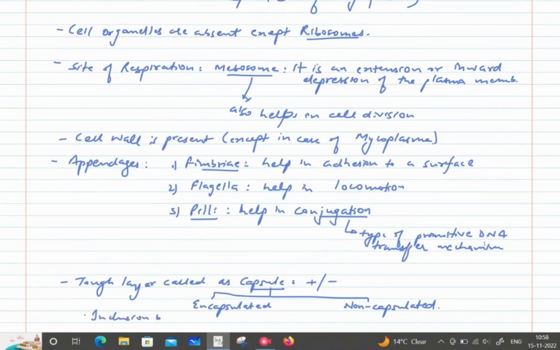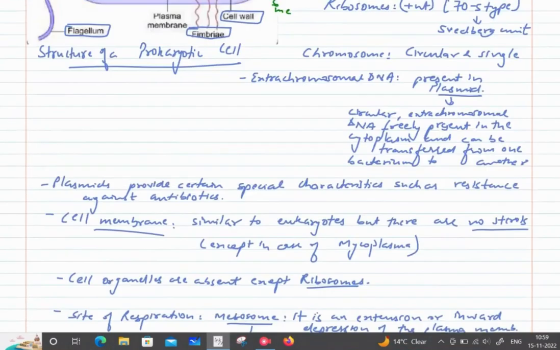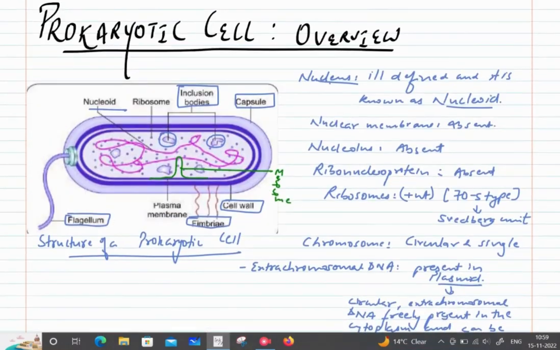These inclusion bodies usually perform the function of storage of certain substances which may be required at a later time. So with this, we finish our discussion on the prokaryotic cell overview.